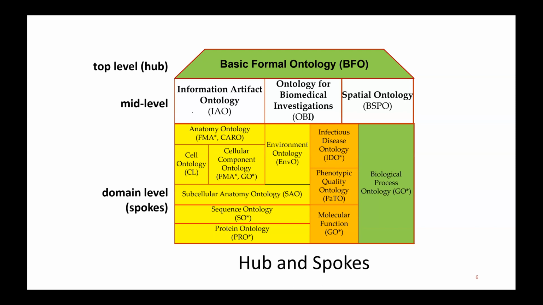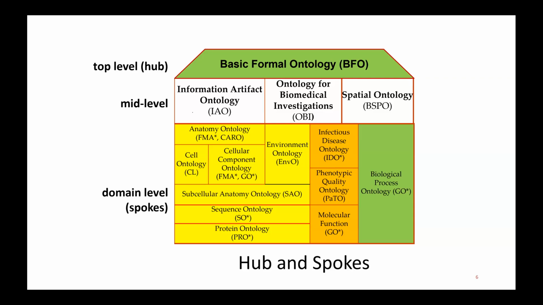But then those words, object and process, get used by more specific ontologies, for instance, the ontology for biomedical investigations. And then we work further down to the spokes coming out of the hub, which would be ontologies such as the yellow and orange and green ones at the bottom.